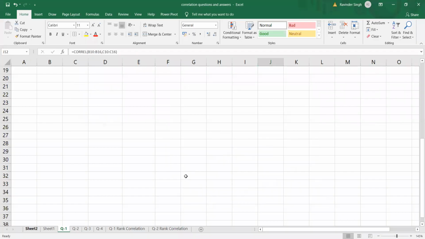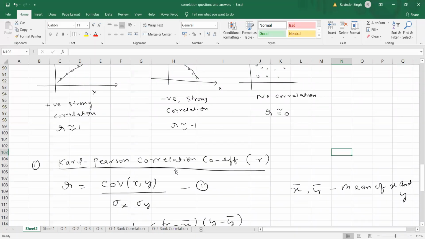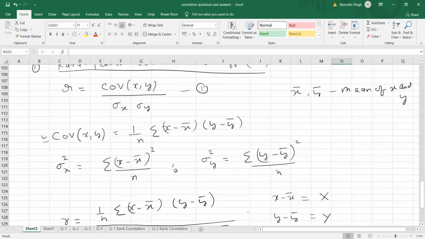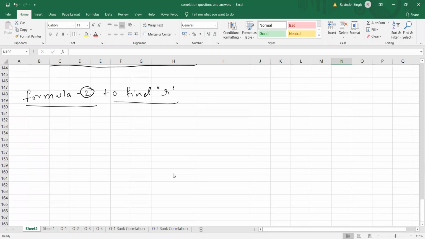So now let us go back to our previous one, Karl Pearson R. Now we have seen one formula. Now we have another formula. So now I'm extending this to formula 2 to find R value. The derivation and all I have given in the notes. I will just write the formula.